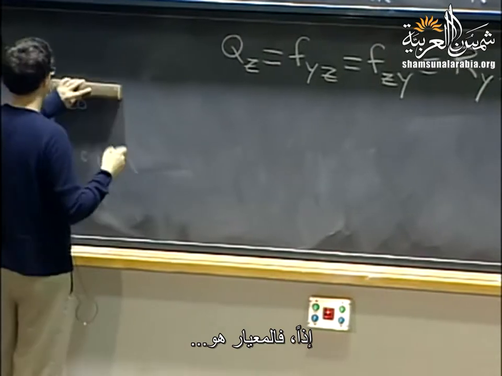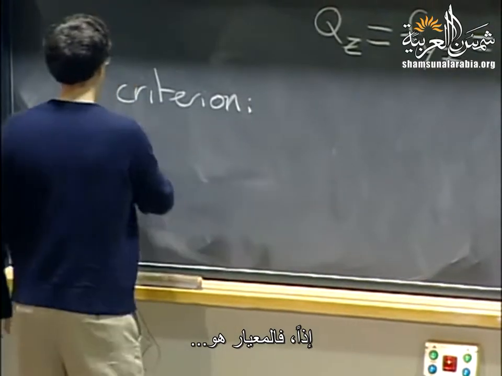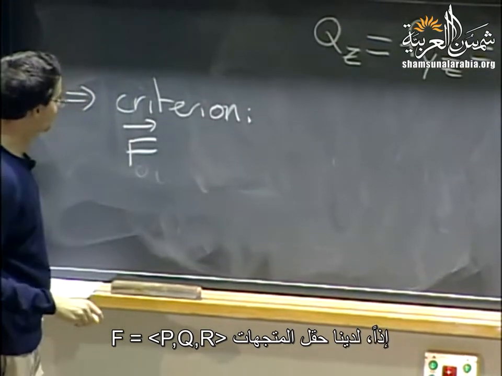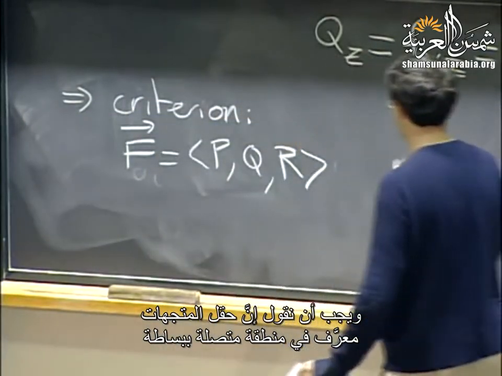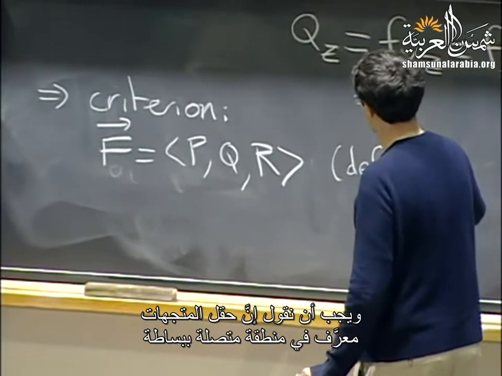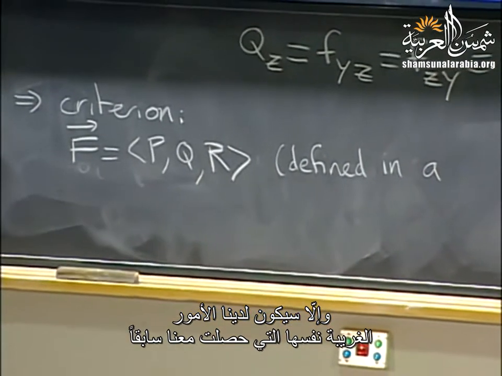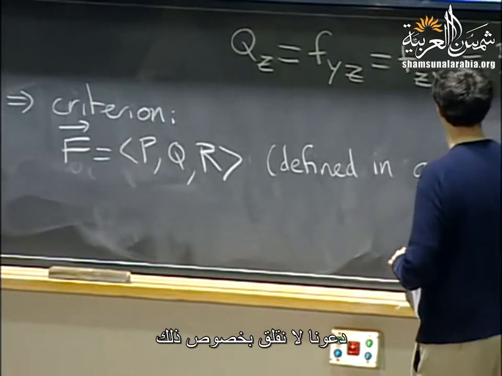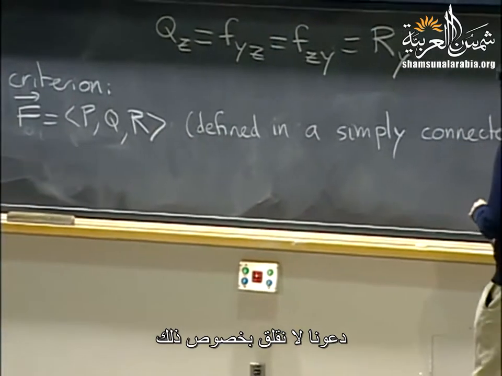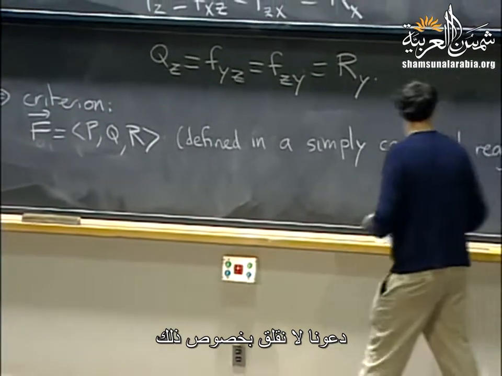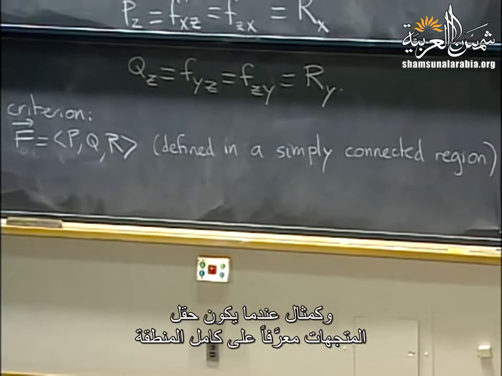So our criterion: a vector field F equals PQR, and here, to be completely truthful, I have to say defined in a simply connected region. Otherwise, we might have the same kind of strange things happening as before. So let's not worry too much about it, but for accuracy, we need our vector field to be defined in a simply connected region, and that means, for example, an example is just if it's defined everywhere.